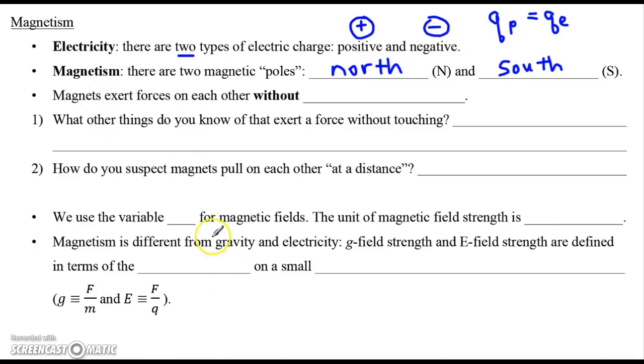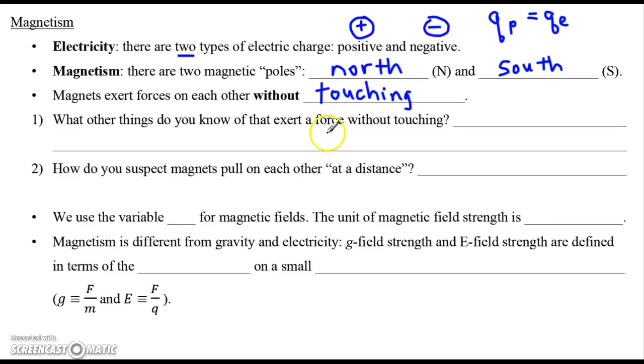Magnets exert forces on each other without touching. They can act at a distance. Now, what other things do you know of that exert a force without touching? Take a moment and think about this question.